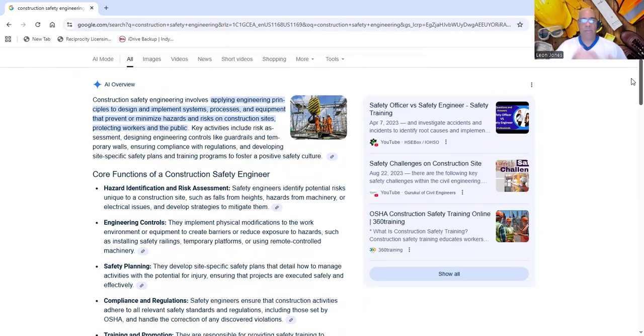Now, the key activities include risk assessment, designing engineering controls like guardrails and temporary walls, ensuring compliance with regulations, and developing site safety plans that are specific, and of course, training programs to foster a safety culture. And that's what you want to specify when you go on any construction job.